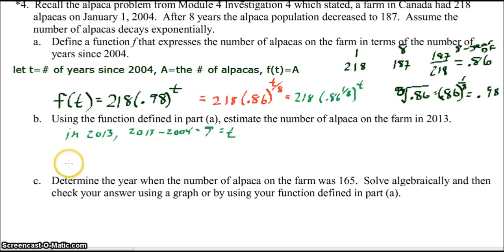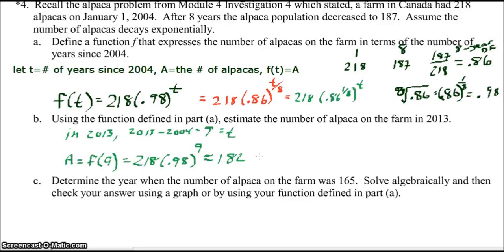And so our function tells us the number of alpacas after 9 years in 2013 would be 218 times 0.98 to the 9. You should get something around 182. I think the book kept more decimals with their growth factors, and they have 183 alpacas. So, yeah, somewhere around there.